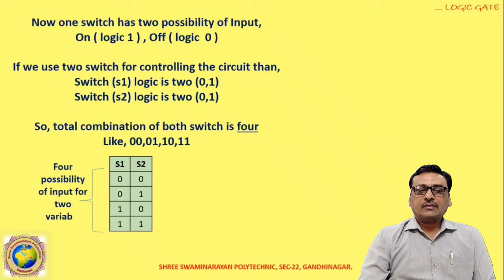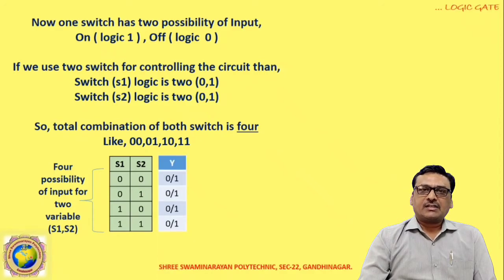This is called the four possibilities of our inputs. These four possibilities mean we have two variables as input. The output will be either 0 or 1, and this will be checked using the logic gates. Our inputs are S1 and S2 and the output Y is either 0 or 1, as shown in the diagram.